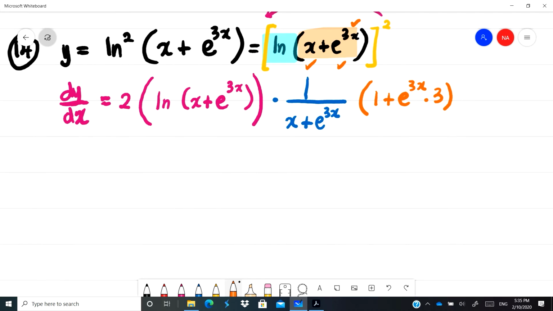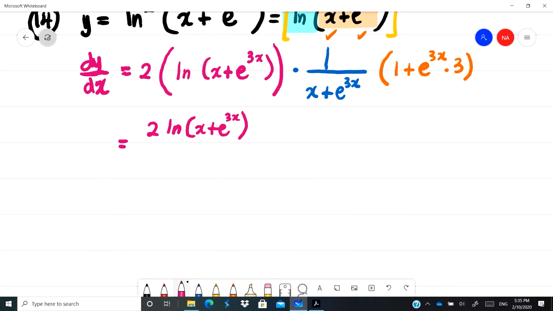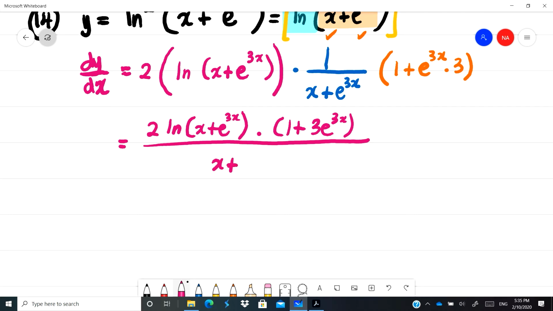So we'll have something like 2 ln of x plus e to the power of 3x, and then you still have 1 plus 3e to the power of 3x, the whole thing over x plus e to the power of 3x.